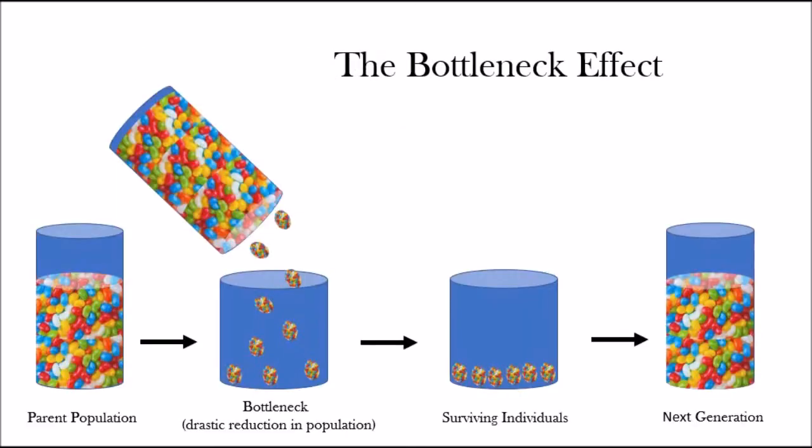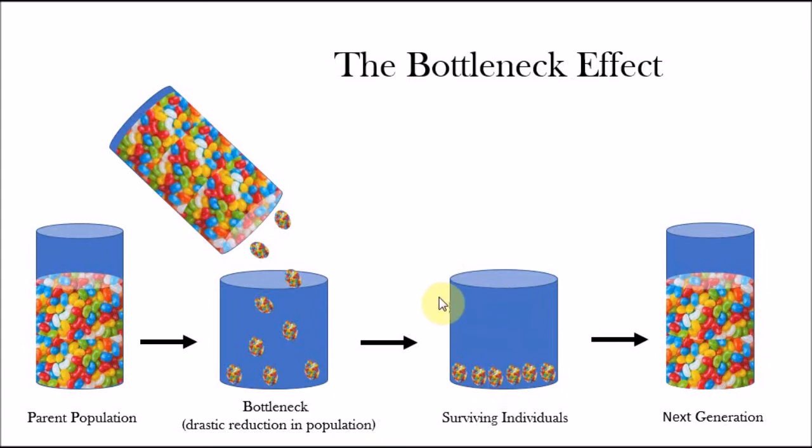So you can think of it like this. You have a large population, and a catastrophic event causes only a few of them to survive. This is the bottleneck, a drastic reduction in the population.